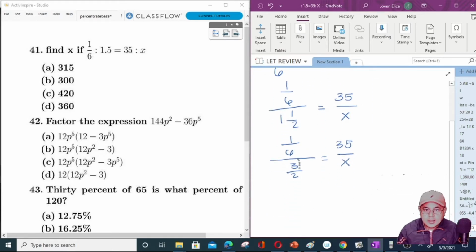Okay? And then, let's convert the left equation into multiplication. So when we convert this fraction into multiplication, we just invert the fraction in the denominator, so it becomes 2 over 3 is equal to 35 over x.